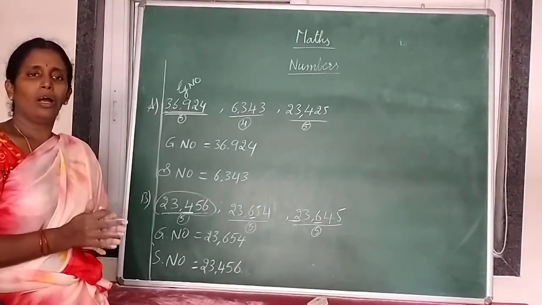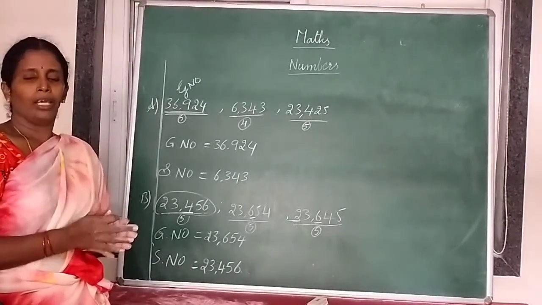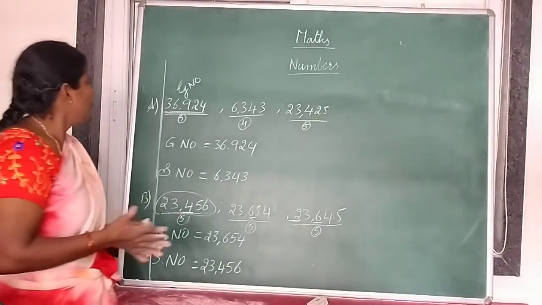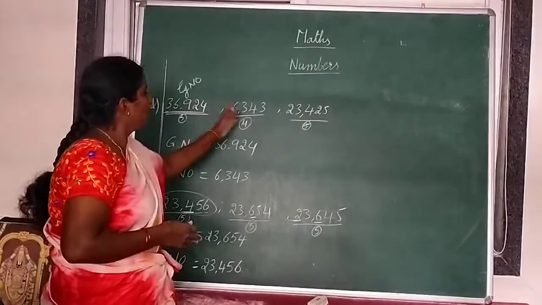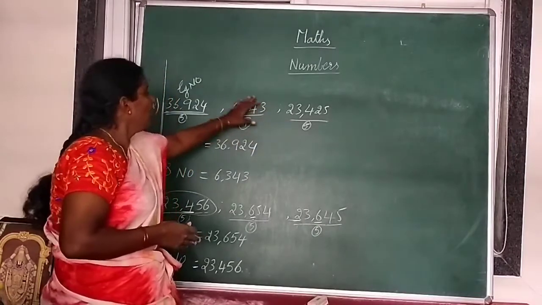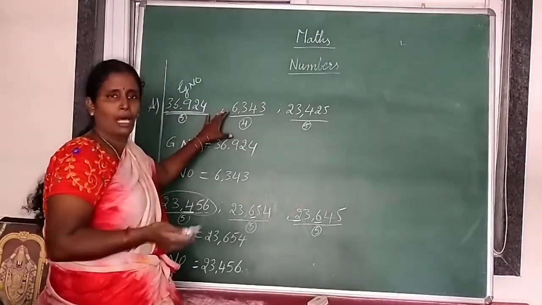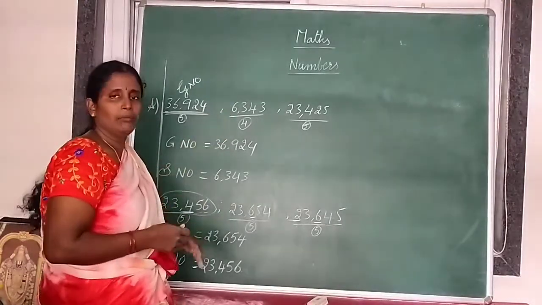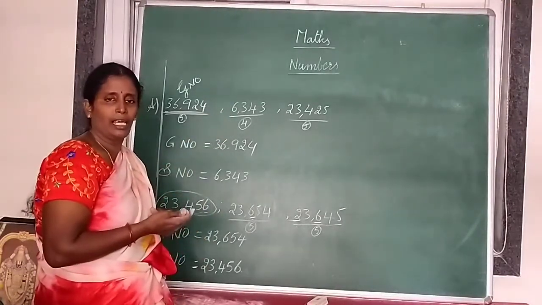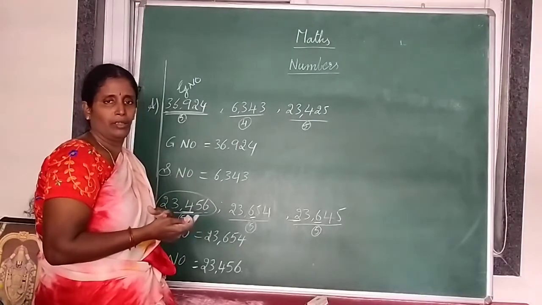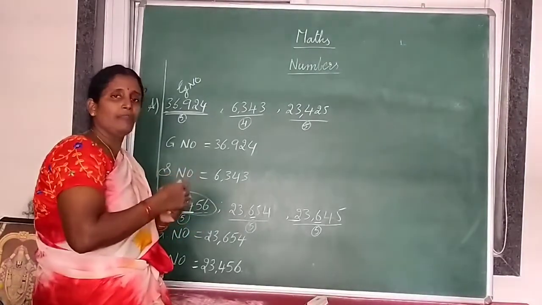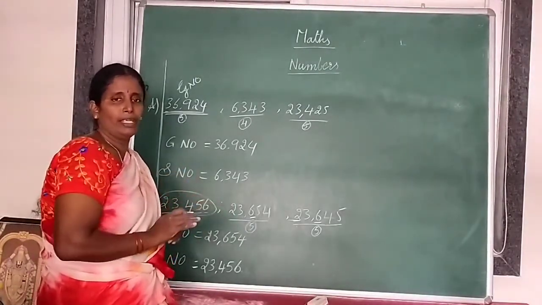So remember, to compare numbers, either 2 numbers or 3 numbers or any numbers, first we have to count the number of digits. In which number are there fewer digits? Here 5 digit, 4 digit, 5 digits are there. So in which number are fewer digits there? That is the smallest number. In which number are more digits there? That is the greatest number. Sometimes there is the same number of digits in all the given numbers.